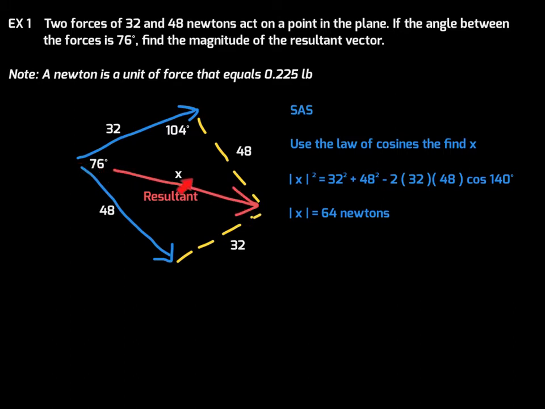And that diagonal will be the resultant. And that is the parallelogram rule that I was mentioning earlier. Okay? And then you label this adjacent angle as a supplement of the angle that was given. And then use the law of cosines to find the length of, the magnitude of, the resultant vector.